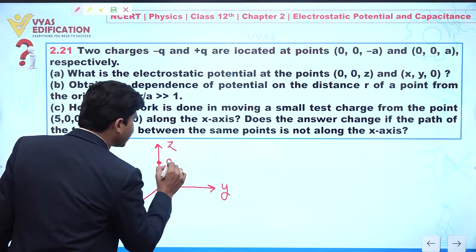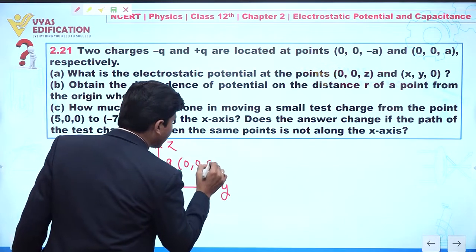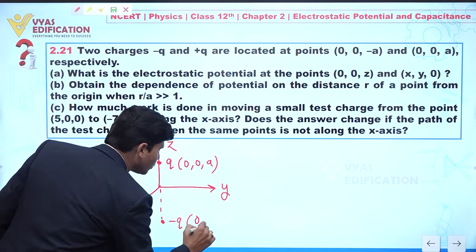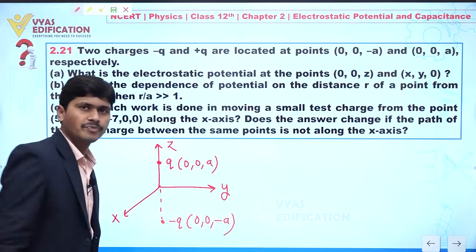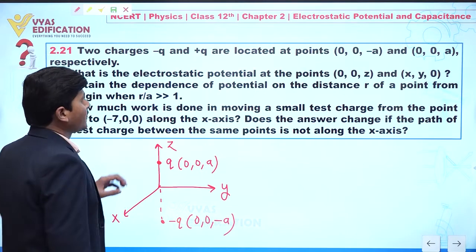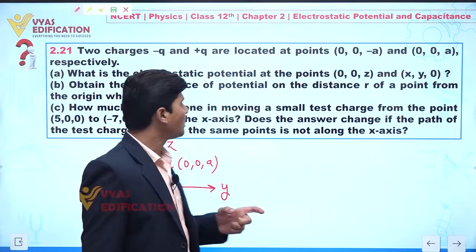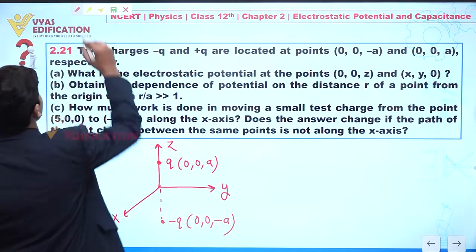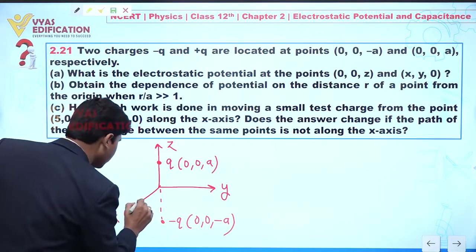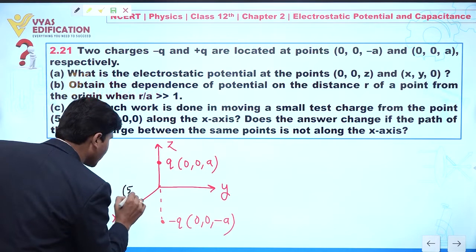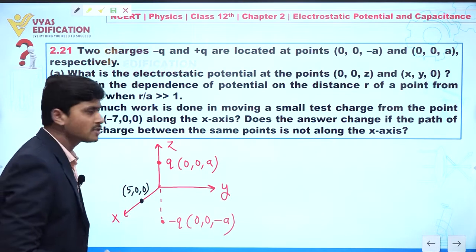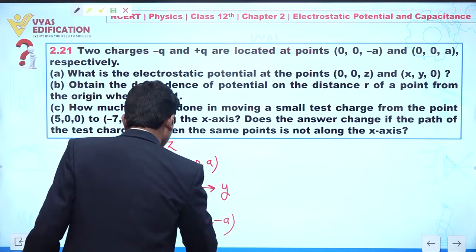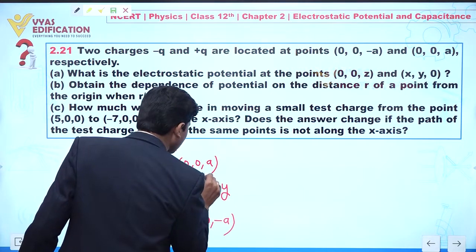Here we place a charge q at (0, 0, a), and another charge minus q at (0, 0, minus a). Now we are moving a test charge from (5, 0, 0), which lies on the x-axis, to (-7, 0, 0).